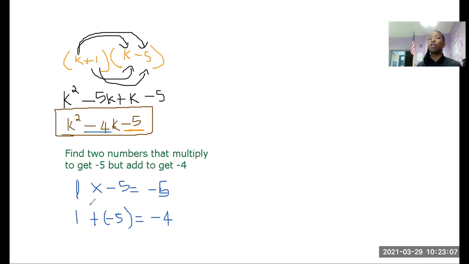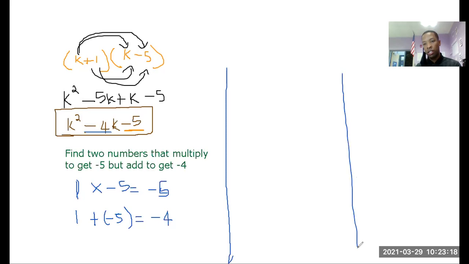So then once we've figured out what those two numbers are, which we've figured out that it's 1 and negative 5, then we do a thing like this. The first method, which is the easiest one, we go ahead and we write our two parentheses. Since the variable is k, we put k. And then we said that it was positive 1, and negative 5.